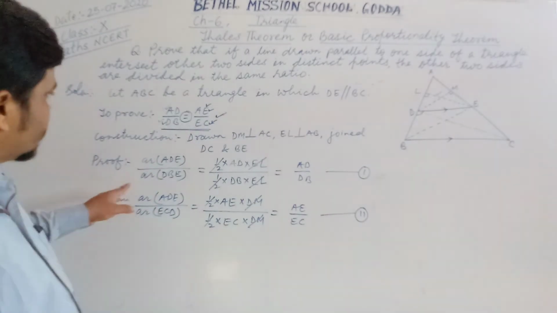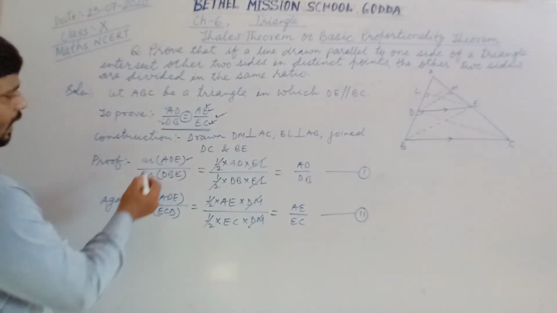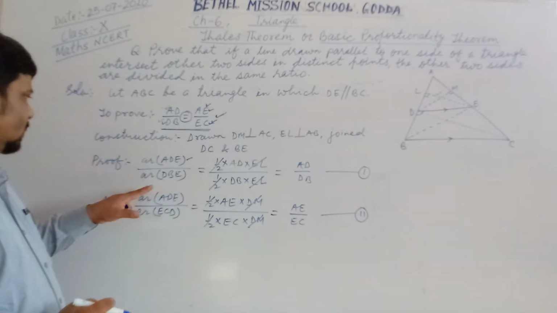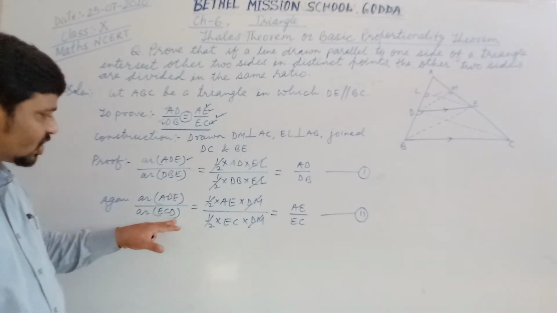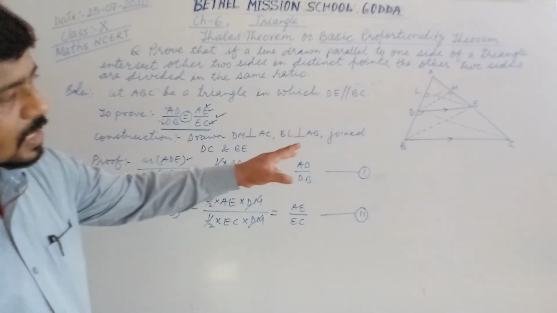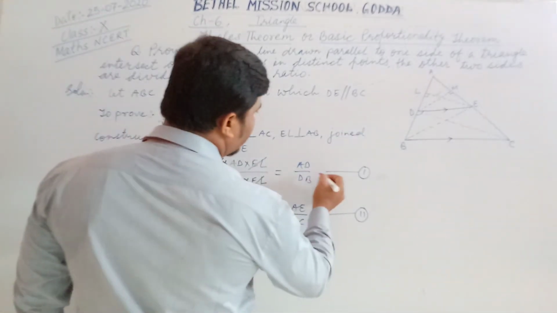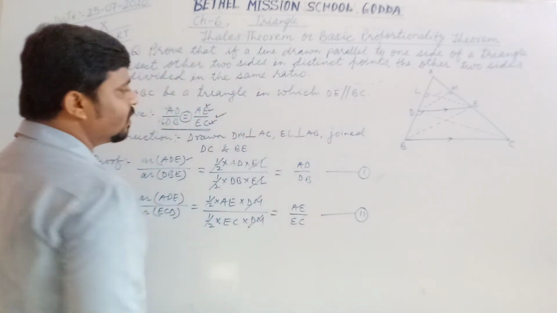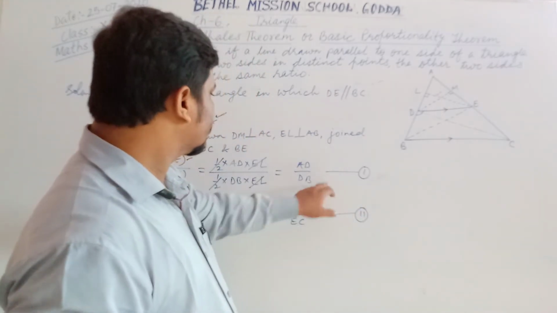In these two ratios, triangle ADE is common, but triangles DBE and ECD are different, so we cannot equate AD by DB with AE by EC from these two equations.